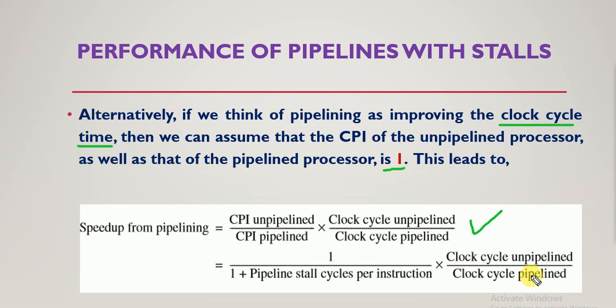Similarly for a pipelined architecture, since we are doing pipelining to increase parallelism, the number of clock cycles required will be reduced. So when we evaluate the speed up, we always get a speed up compared to the unpipelined system, so we can have a comparison.